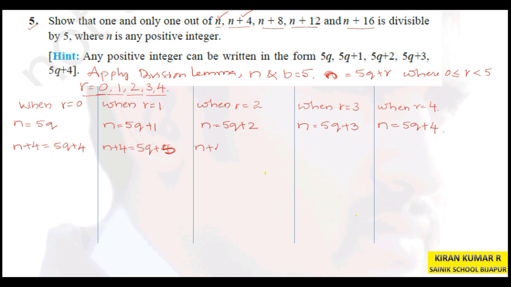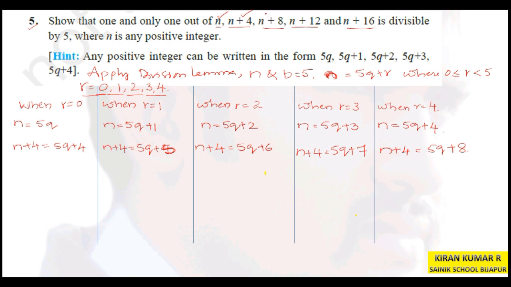N plus 4 in this case is 5q plus 6. N plus 4 in this case is 5q plus 7. N plus 4 in this case is 5q plus 8. That is for n plus 4.